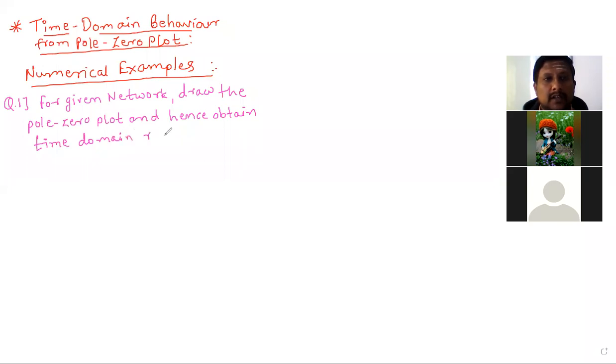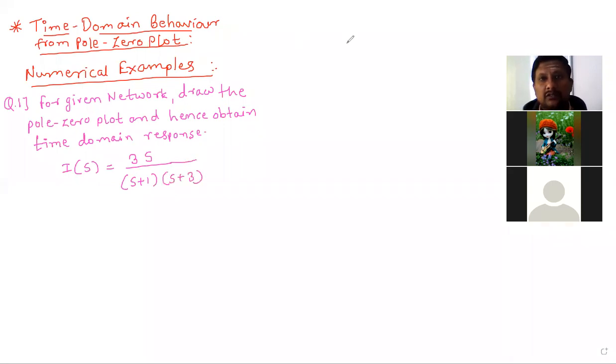So this is the question, and the network function is given in the form of a current signal, that is I of s is equal to 3 into s divided by s plus 1 into s plus 3.